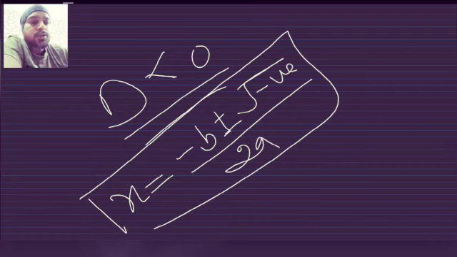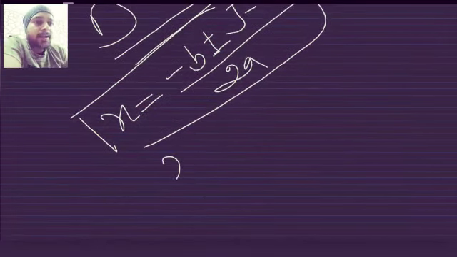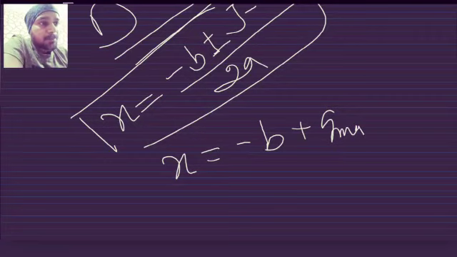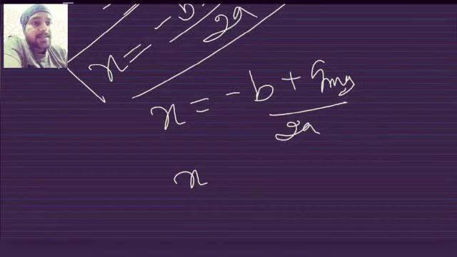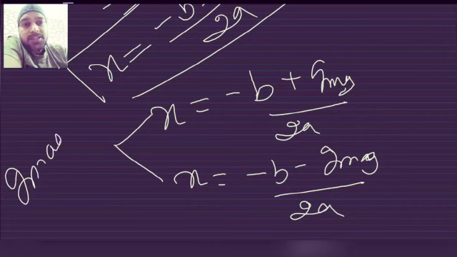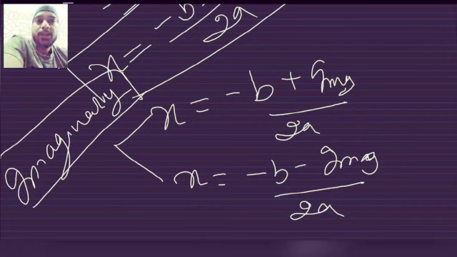So here you are going to get x is equal to minus b plus some imaginary number upon 2a, and the other will be x is equal to minus b minus imaginary number upon 2a. So here the roots are going to be simply imaginary.